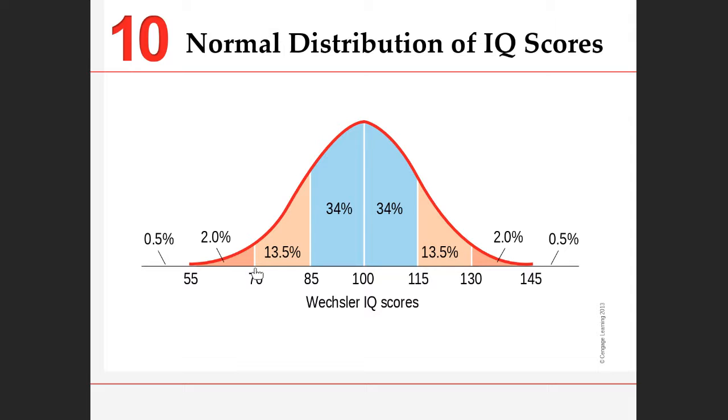And then people over here, now, just because somebody scores 70 or below on an IQ test does not mean that they will be given the diagnosis of an intellectual disability. In order for someone to be diagnosed with an intellectual disability, their IQ score has to fall at 70 or below.